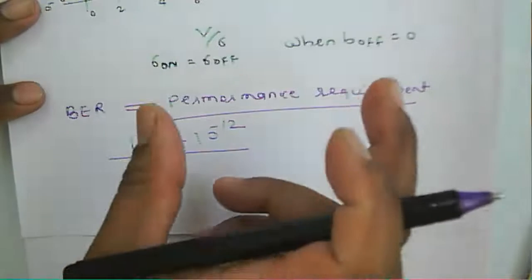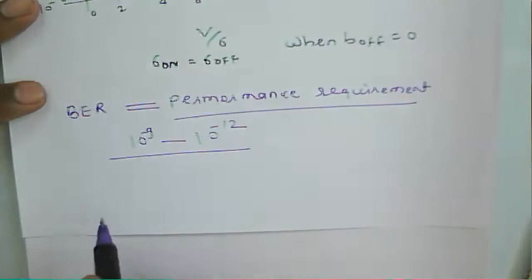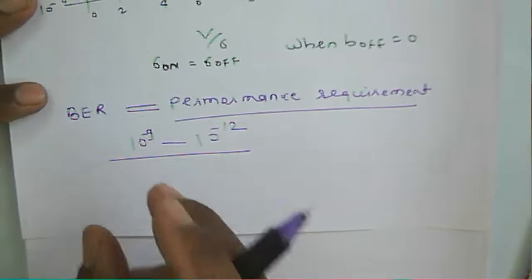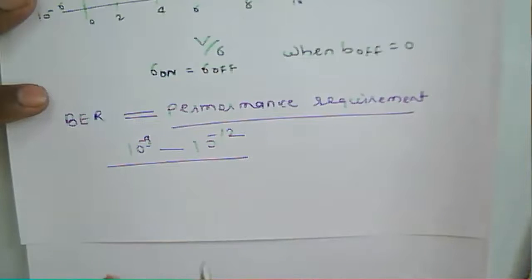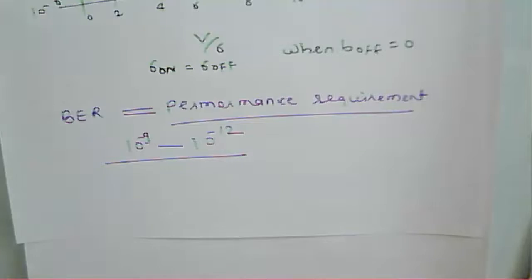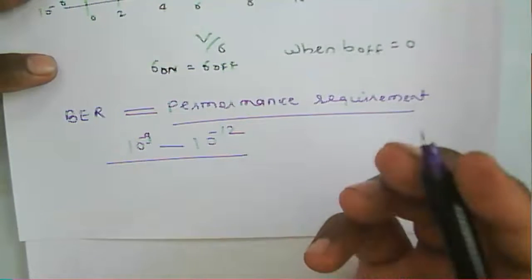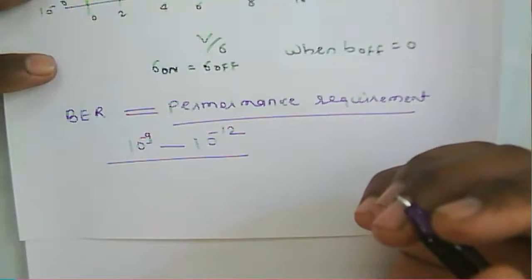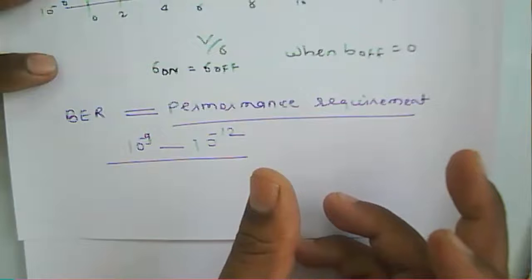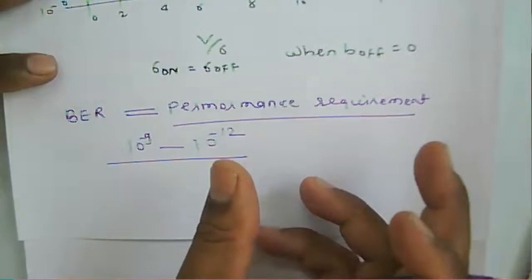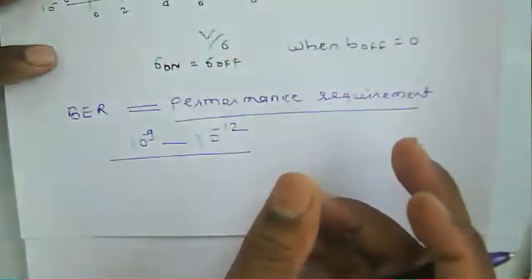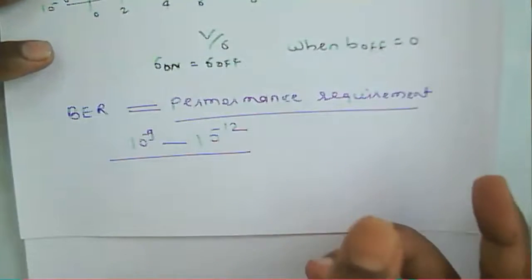So that is why, to achieve a particular BER, bit error rate, at a given data rate, we need to specify what will be the optical power level to be received, or what will be the optical power that will arrive at this particular detector, so that a detector will receive, or your receiver will receive that particular minimum power level, and that is nothing but the receiver sensitivity.